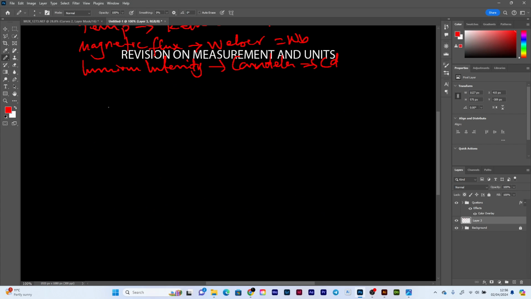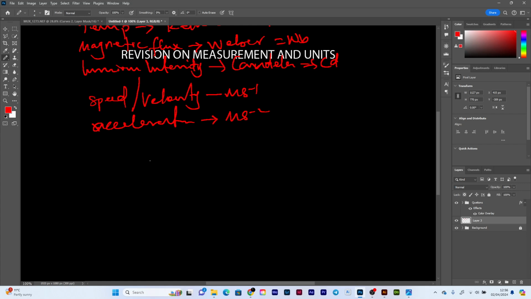So when I talk about the derived quantities, we have speed and velocity to be measured in meter per second. We have acceleration to be measured in meter per second square. We have momentum to be measured in Newton seconds.